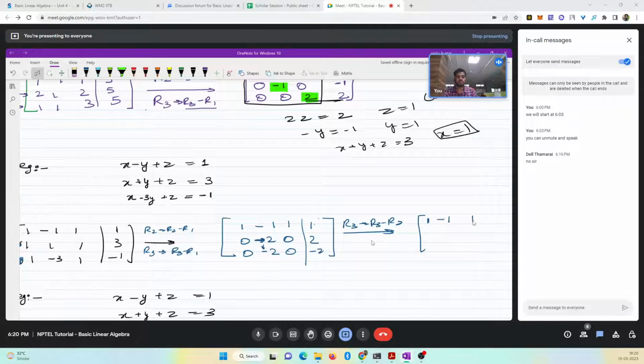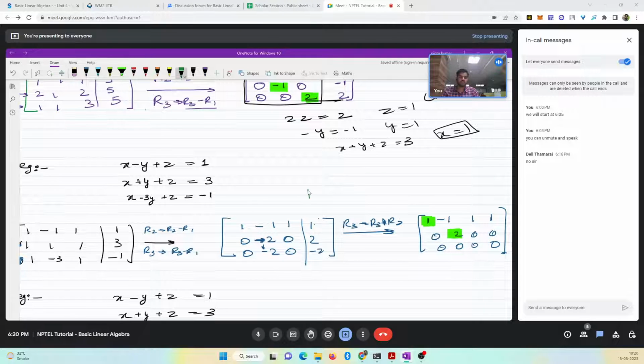Now this is 1, minus 1, 1, 1, 0, 2. This is plus 0, 0, 0, 0, 0, 0. Now if you look at this augmented matrix, this is a pivot element, this is a pivot element. The third row is completely 0, so we don't have any pivot element over here.